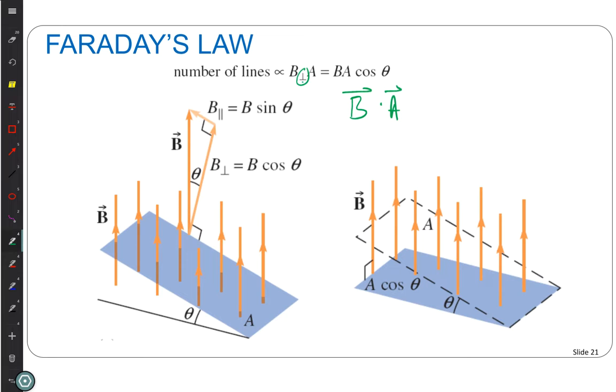So when you look at a problem like this, make sure you sit back and think, how much is going through the surface? And when you think about how much is going through the surface, then you can make your life easier.